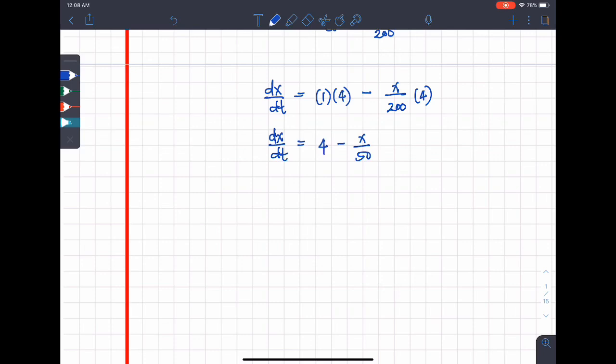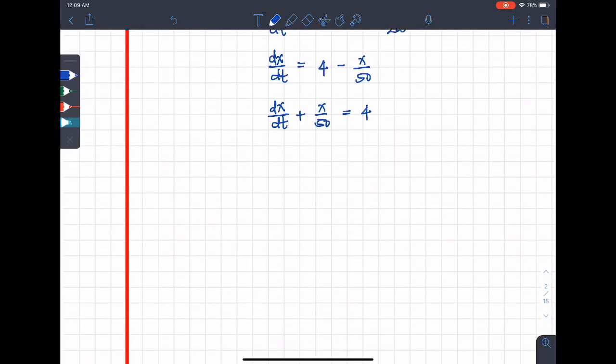As you can see, this resembles a linear equation. Transposing negative x over 50 to the left, dx over dt plus x over 50 equals 4, forming a linear differential equation.